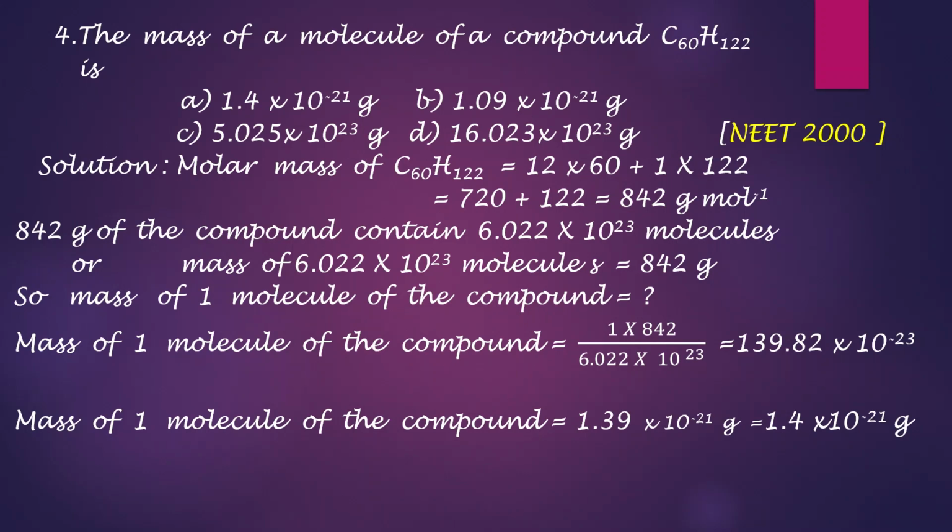Dear friends, this 1.39 can be rounded up to 1.4. So the mass of one molecule of the compound is equal to 1.4 into 10 power minus 21 gram. So the correct option is option A. We shall take the next question.